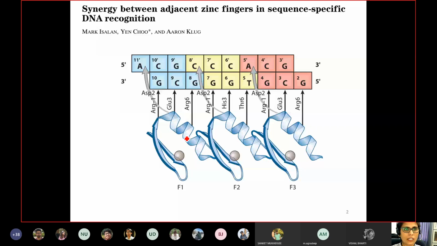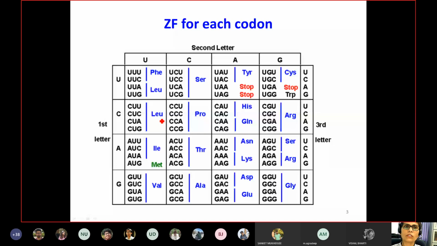And in my last lecture, I said that in theory, one can design zinc finger domains for each of the 64 triplet codons shown here, and using a combination of these fingers, one could design a protein for sequence specific recognition of any segment of the DNA.